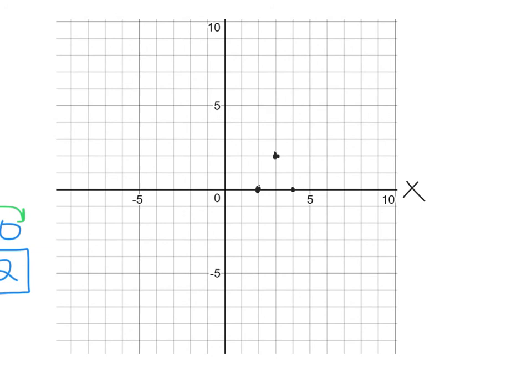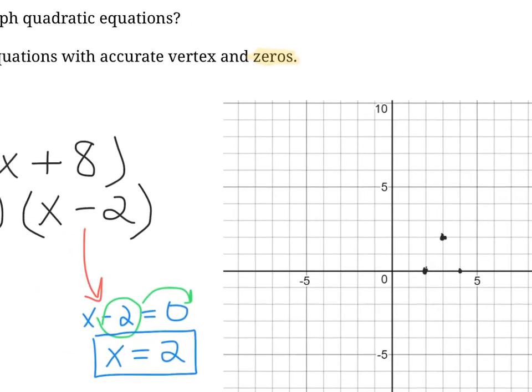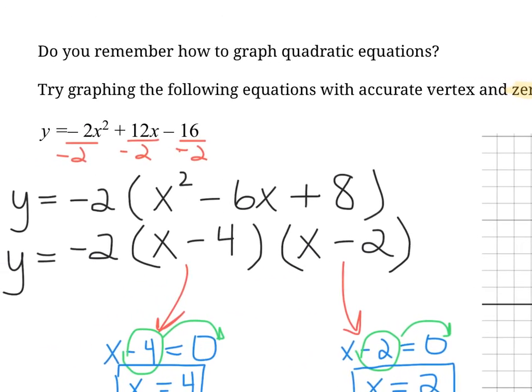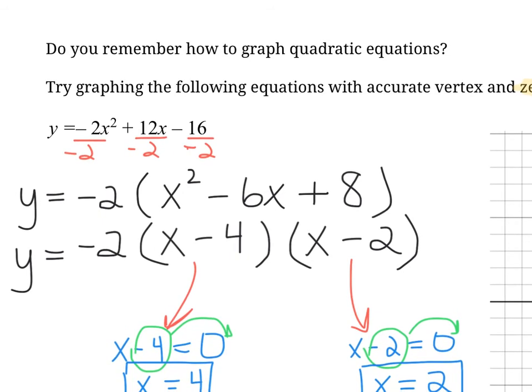Remember that your parabola is either going to open upwards or downwards. If your parabola opens upwards, it should be taking on kind of a U-shaped form. But if your parabola is opening downwards, it's going to take on an upside down U shape. Now, before I join my points together, if we wanted to, we could go back to our original equation and check the sign of the a value.